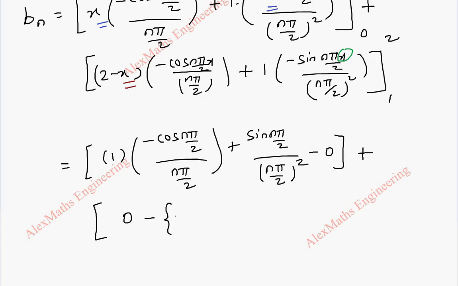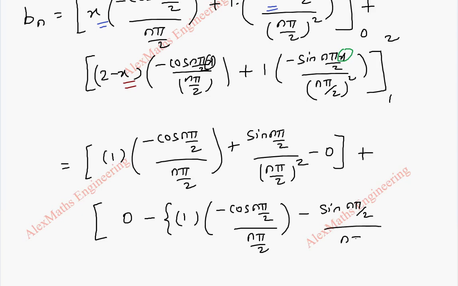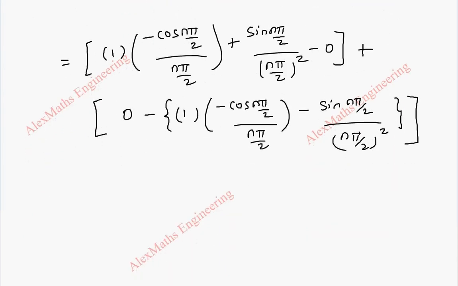Then we have only the lower limit. When I put 1 here, 2 minus 1 is 1. When I put 1 here, minus cos(n pi / 2) by n pi by 2. When I put 1 here, it is minus sin(n pi / 2) by (n pi by 2) whole square. And we completed the limit substitution. Now bn will be: first term is minus cos(n pi / 2) by n pi by 2.